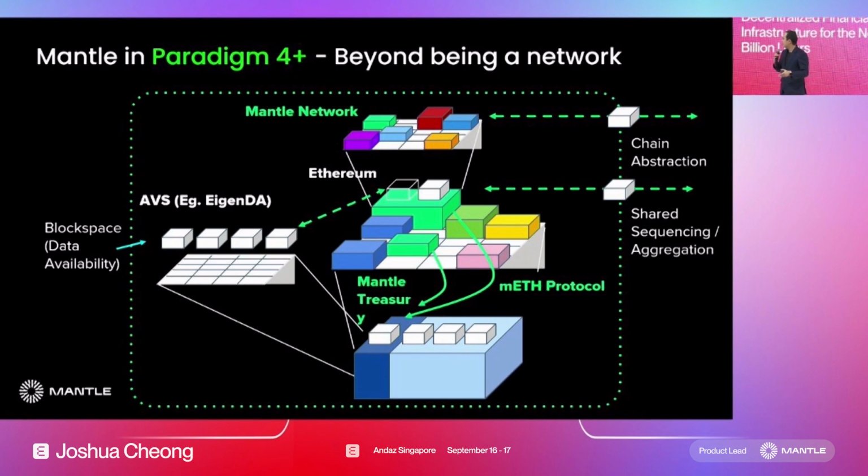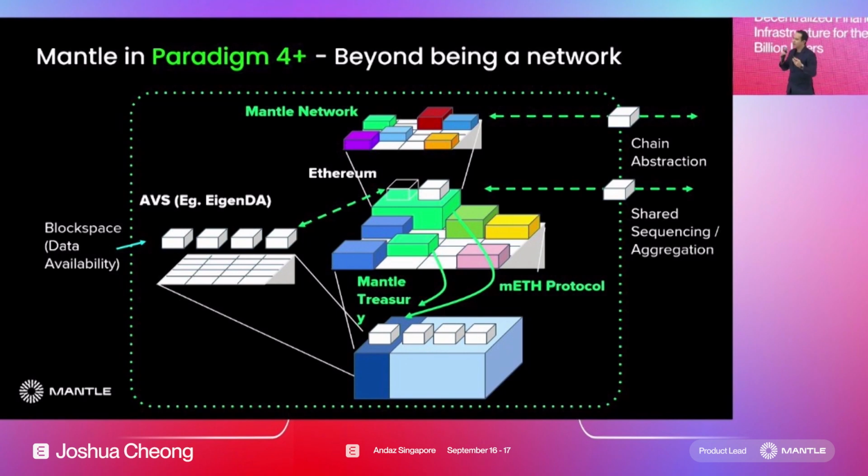And for that, we activate that to enable the next generation of restaking protocols, like AVS, like EigenDA. And then we take things like EigenDA and we use it as data availability in Mantle Network. So you can think of us as both a producer and consumer of block space. In that way, this makes this entire ecosystem circular, and it creates an economy for developers.